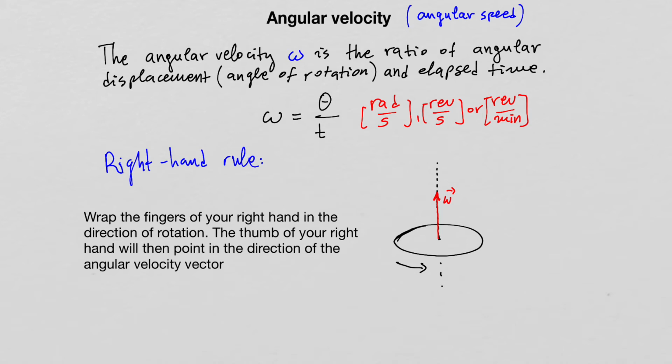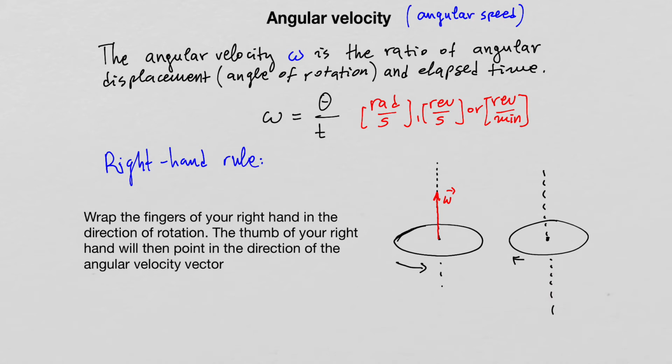What happens if the disk was rotating in the opposite direction, in the clockwise direction? So the disk rotates like so. The axis of rotation again passes through the center of the disk. In this case, using the right-hand rule, if you orient the fingers of your right hand in the direction of rotation, then the thumb of your right hand will point in the direction of the angular velocity vector, which will be down that axis.